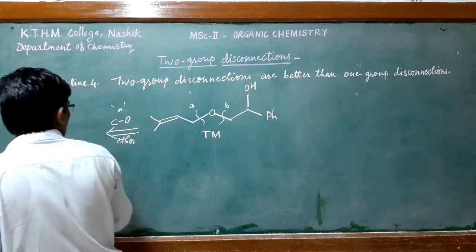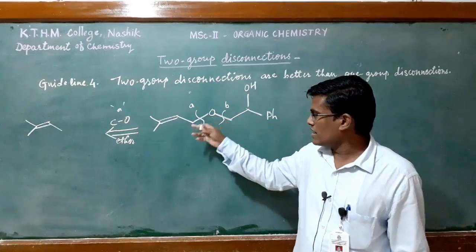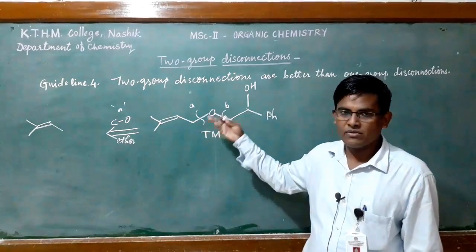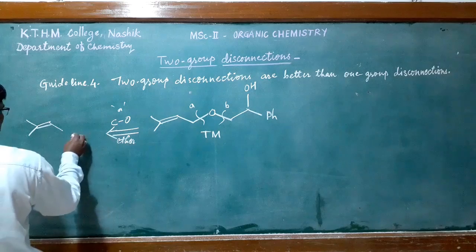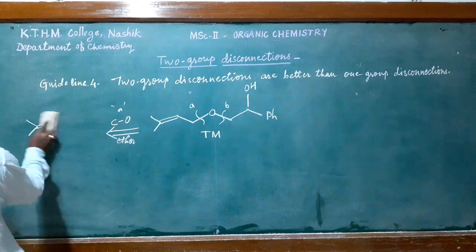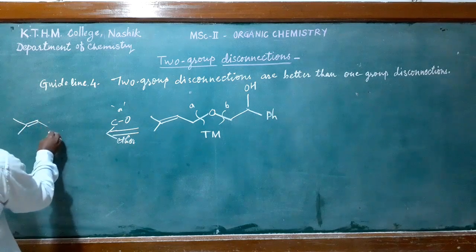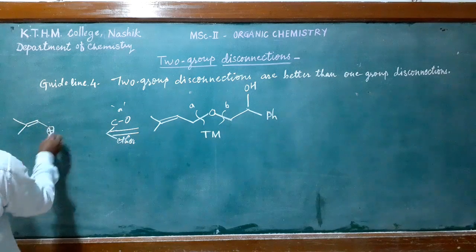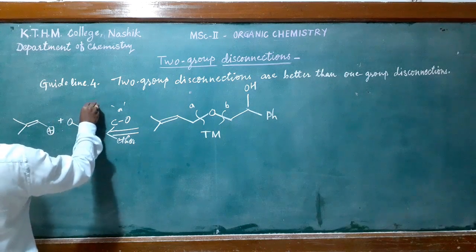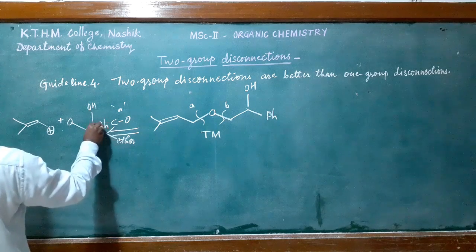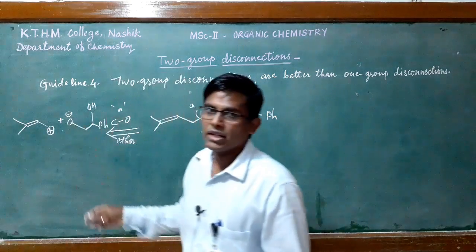Since this oxygen has more electronegativity than this carbon, it tends to have the negative charge, and this carbon will have the positive charge. This oxygen will have the negative charge.